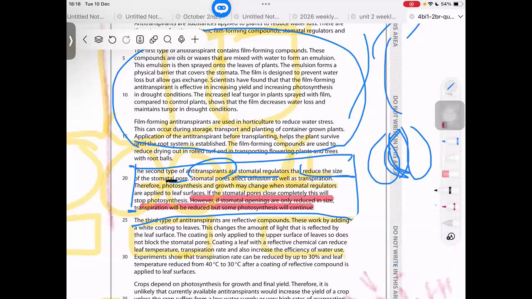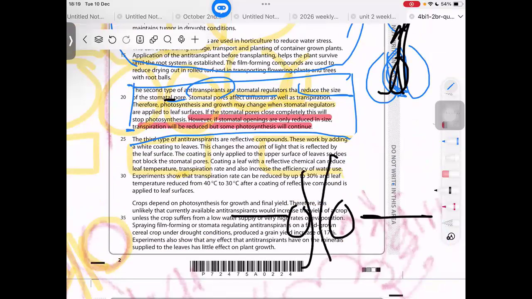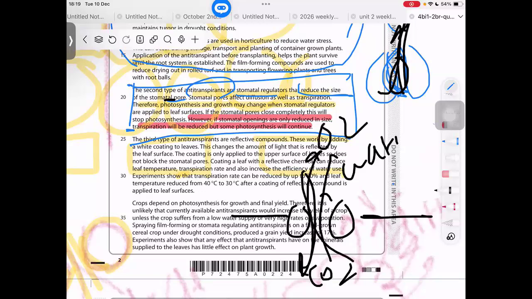And you know, when this stomatal pore reduces, the water lost by transpiration will be reduced, right? In a plant, these stomata are the structures where the gaseous exchange takes place. That means water vapor is lost, carbon dioxide is taken in for photosynthesis, oxygen is given out as a byproduct of photosynthesis. For respiration, again, oxygen is taken in.